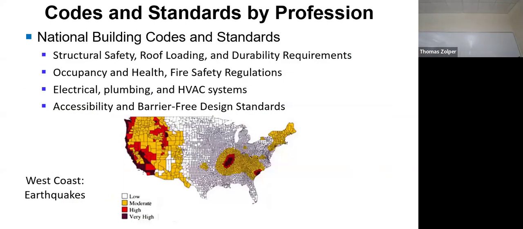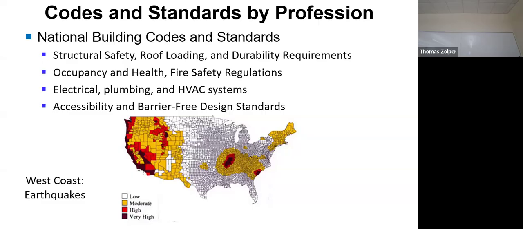Now, getting into codes and the range of applicability is one of the more nebulous topics that we may encounter. I think you've all heard of building codes, and hopefully most of your homes and certainly this university are built to the local building codes. But those, as you would imagine, vary substantially across the country depending on the environment where the buildings are situated.